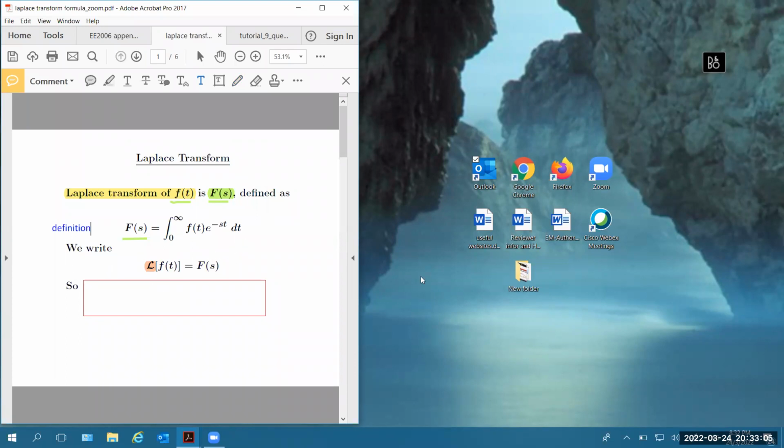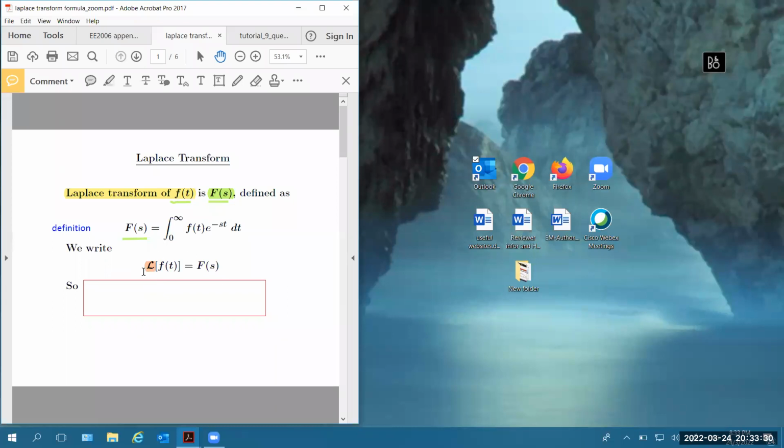So now the next thing we do is that we treat this Laplace transform like an operation. If you treat it like an operation, let's denote it by the letter L. You notice that this L is a bit slanted like that, so we call this a script L. It represents the Laplace transform operation.